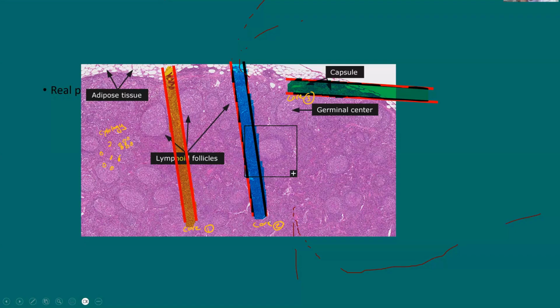If it's a core 2 biopsy, it will be assessed as an adequate core, because it passes through the capsule, follicular areas, interfollicular areas, and multiple follicles are ideal. But that's why we don't make a huge diagnosis on one core biopsy.